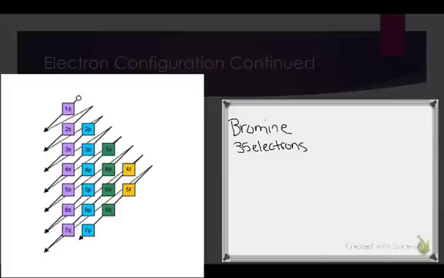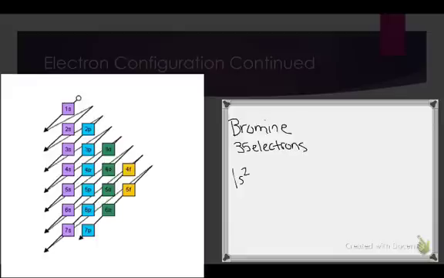Just like in the previous examples, we're going to start at the lowest energy level possible, which is always going to be 1s. And since I have 35 electrons to place here, I'm going to keep going through this chart on the left-hand side until I get all 35 electrons placed. So we're going to start out 1s2.